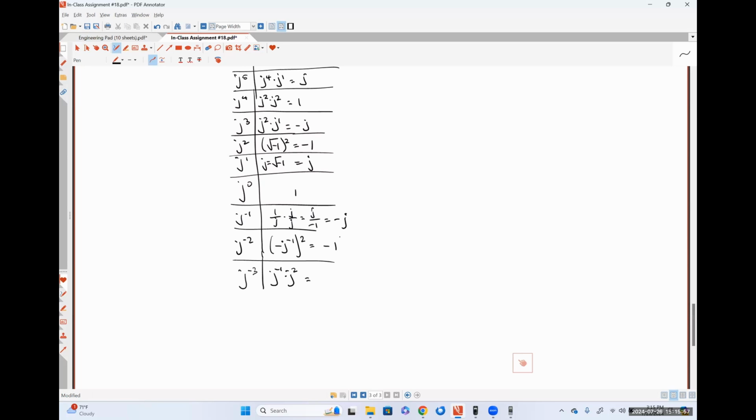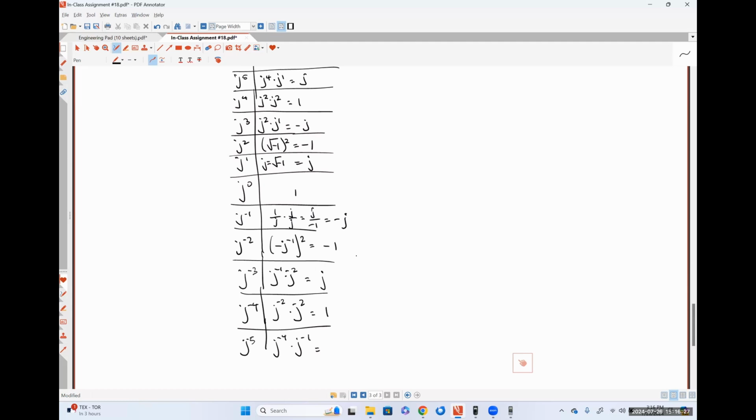So that's -1 times -j, which gives us +j. j to the -4 is j to the -2 times j to the -2, which is -1 times -1, which is +1. j to the -5 is j to the -4 times j to the -1.